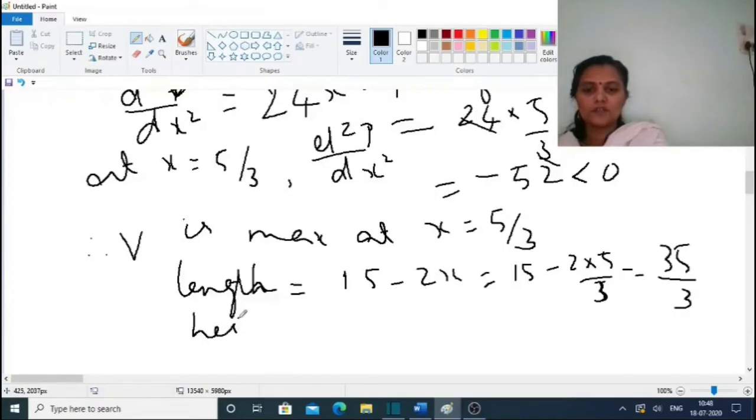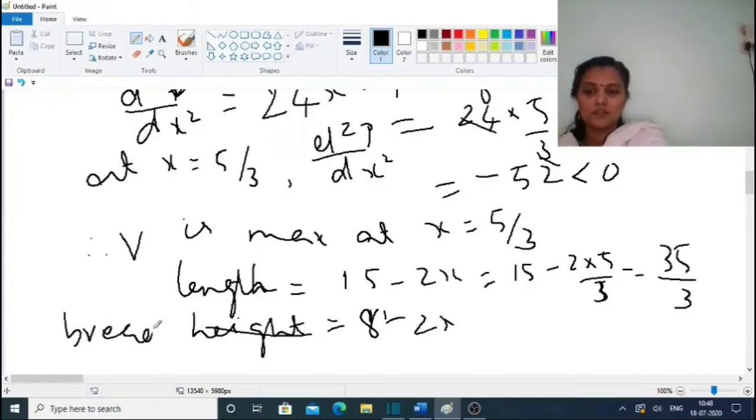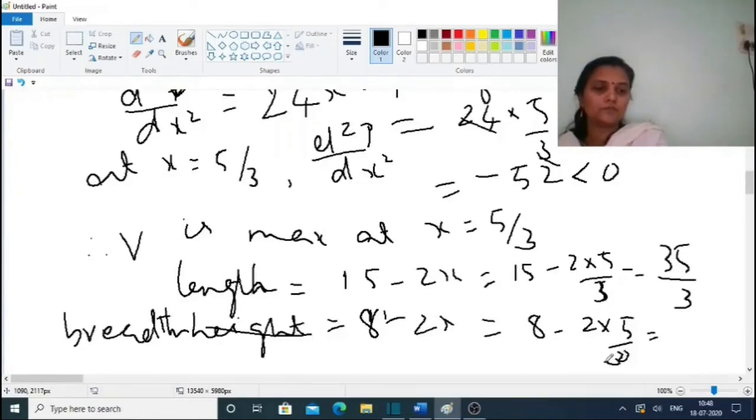Breadth is equal to 8 minus 2x, which is equal to 8 minus 2 into 5/3 is equal to 24 minus 10, 14.